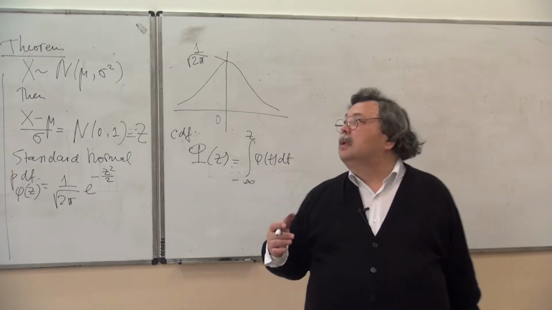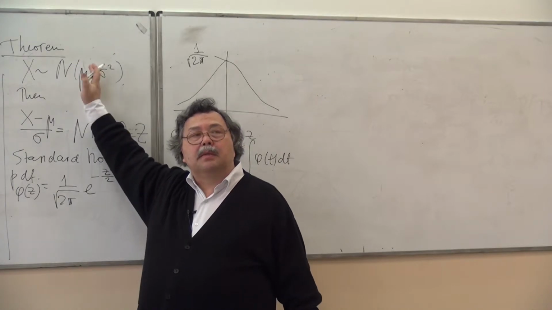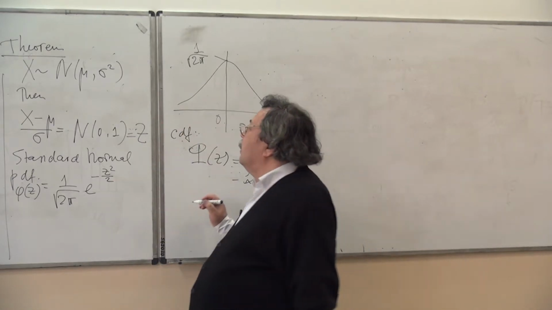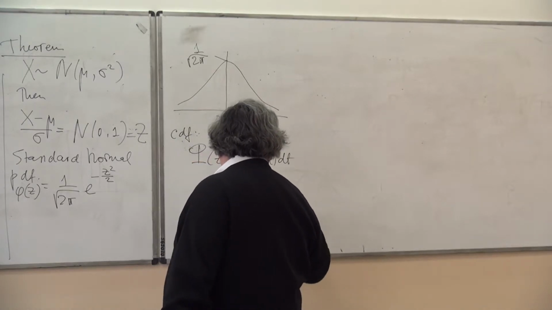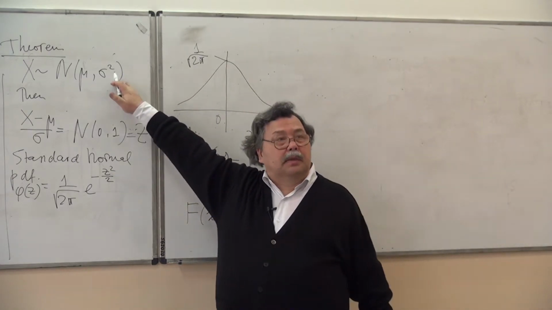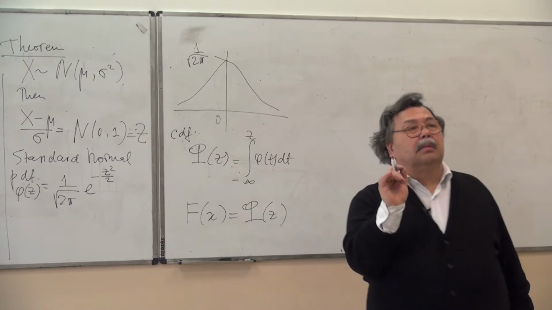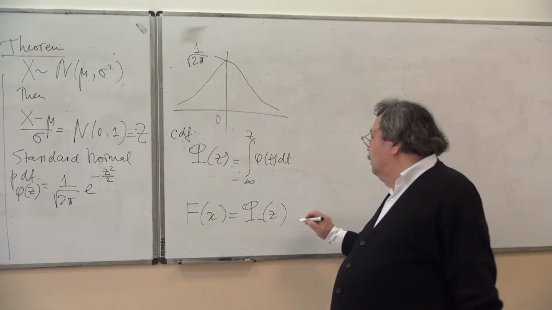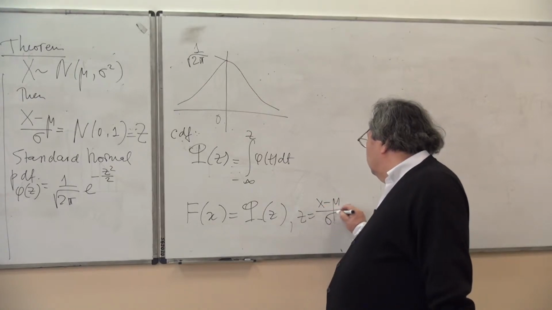The main idea is this: if x is normal with mean mu and variance sigma squared, and z is the standard normal as defined here, then capital F, which is the cumulative distribution for this normal of general type, computed for some given value of x, is just equal to capital Phi of z, where z is equal to x minus mu over sigma.